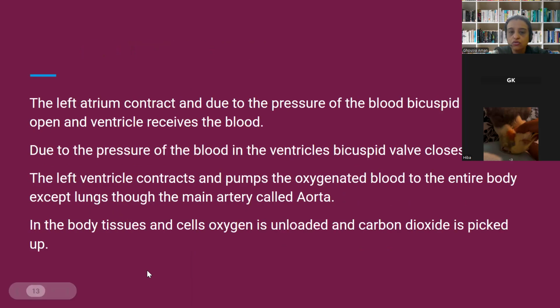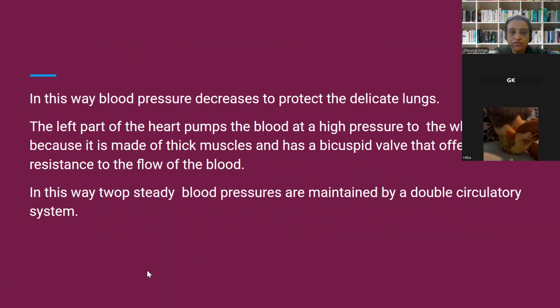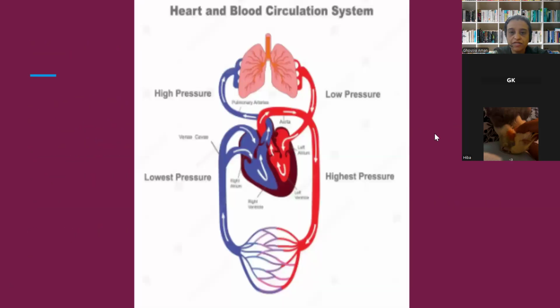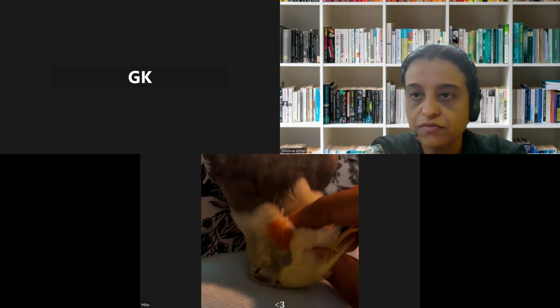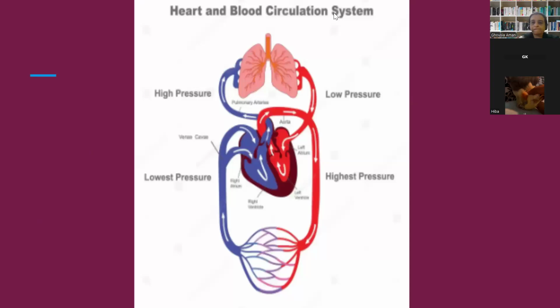Acha. So there are some more differences in between arteries and veins. So let me share my whiteboard with you and I will tell you the differences in between arteries and veins. Okay.